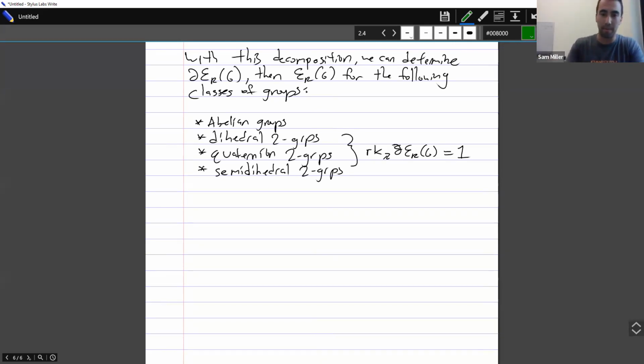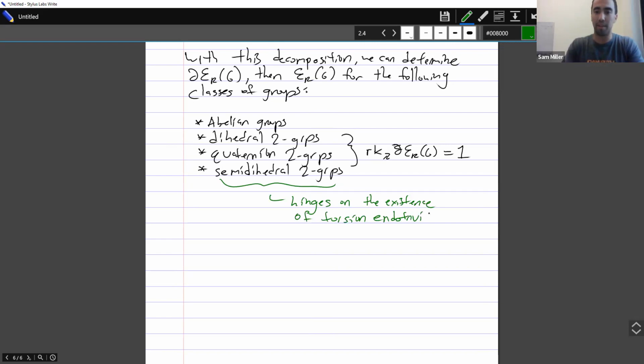And in fact, the construction of this one hinges on the existence of torsion endotrivial modules. The basic construction is you take the corresponding chain complex for the unique torsion endotrivial module for a semi-dihedral two group, and then you square it, and then you chunk on a few more projective modules. And so it has length 5.